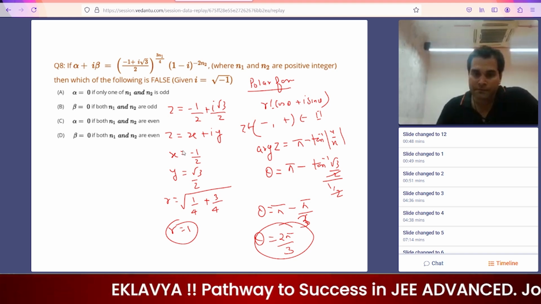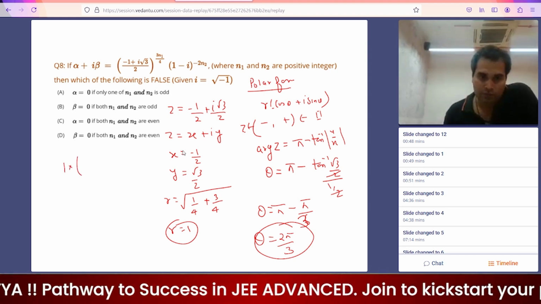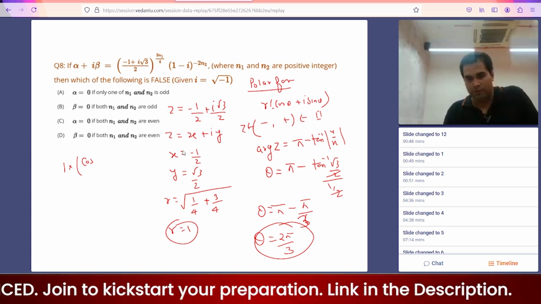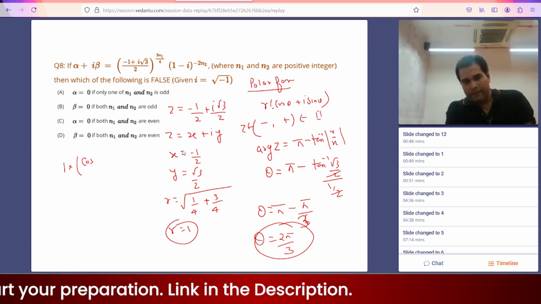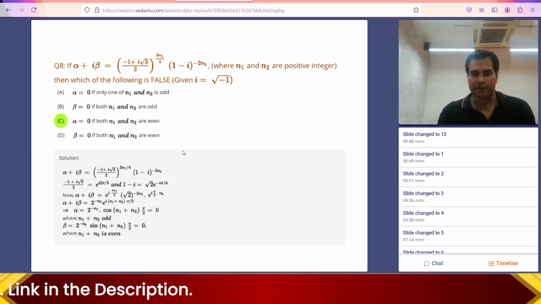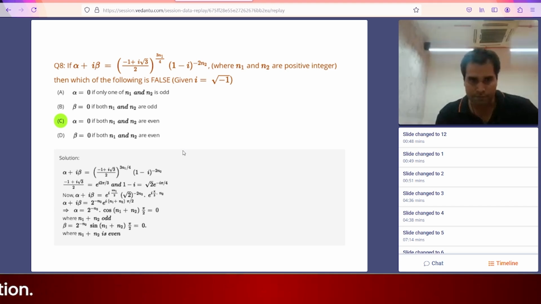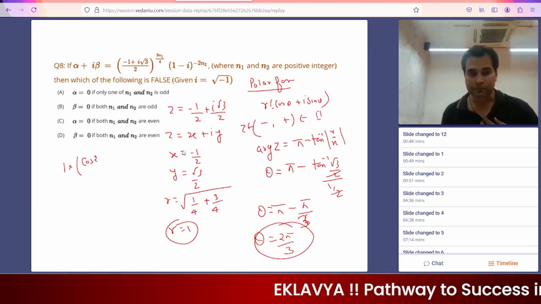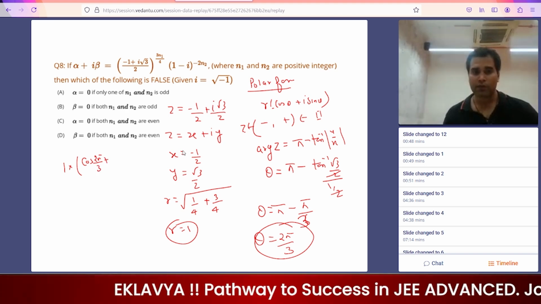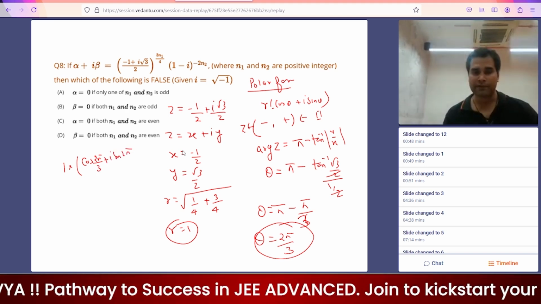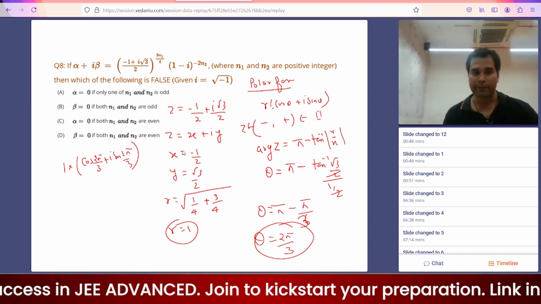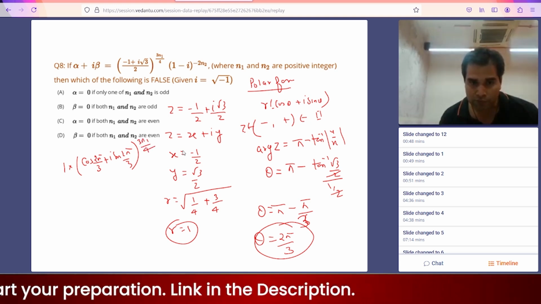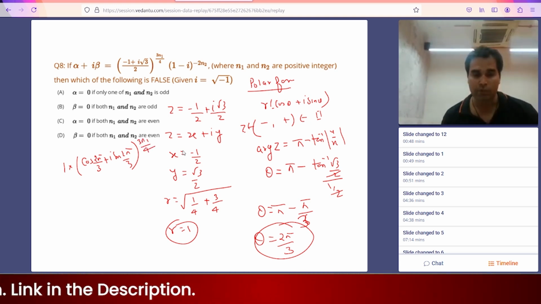Now r is 1 into cos of 2 pi by 3 plus i sine of 2 pi by 3, raised to the power 3 and 1 by 4.